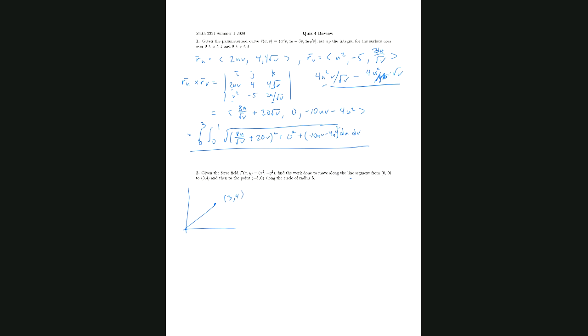And then from there to... I didn't bring it all the way around. Not to scale. All the way to the point -5, 0. That's the level of my drawing ability. So this is C1. And this is C2.